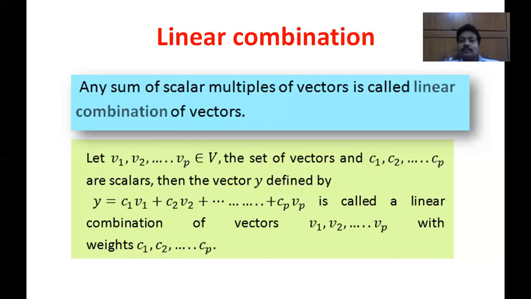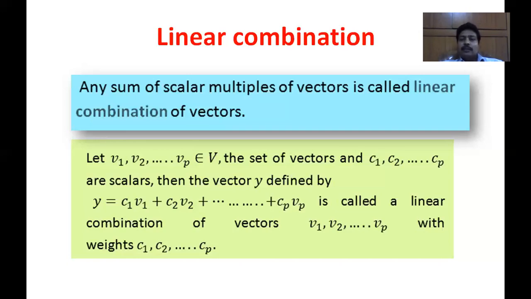So c1 v1 plus c2 v2 plus c3 v3 should be the resultant vector. That will be a linear combination of those 3 vectors. So similarly, we can take any object which is a result of linear combination of objects in the vector space. So this is the definition of linear combination.